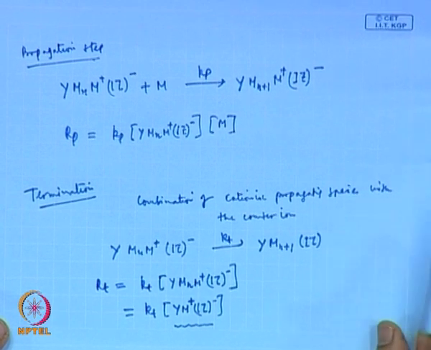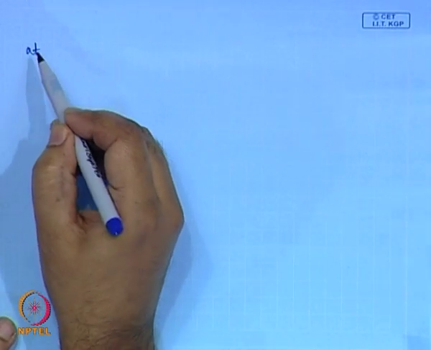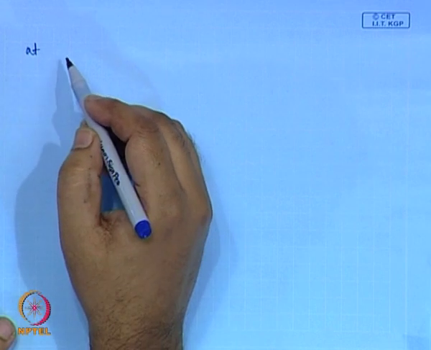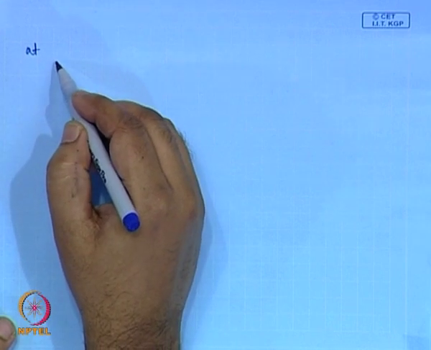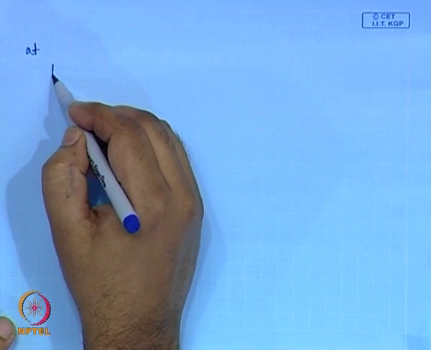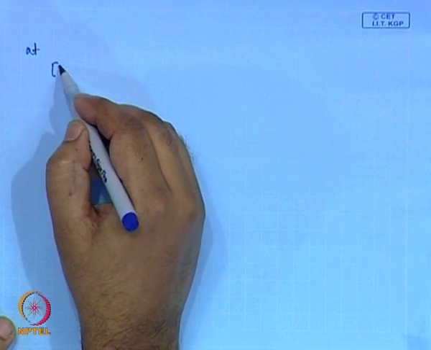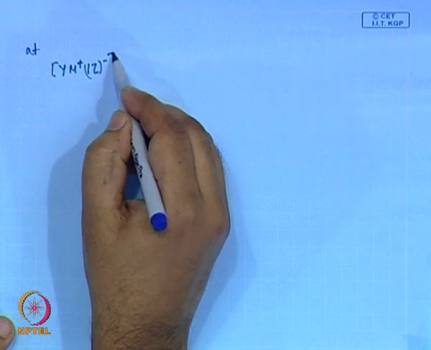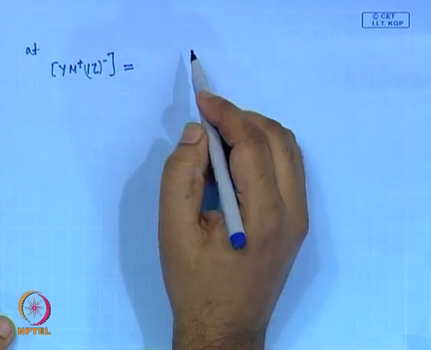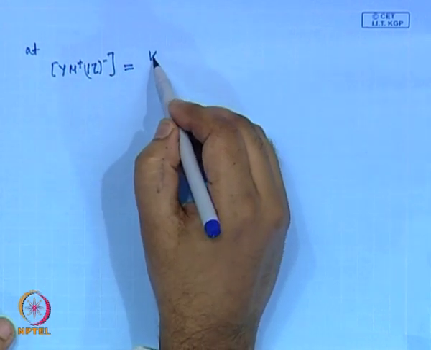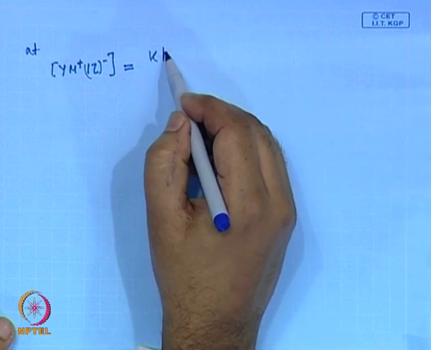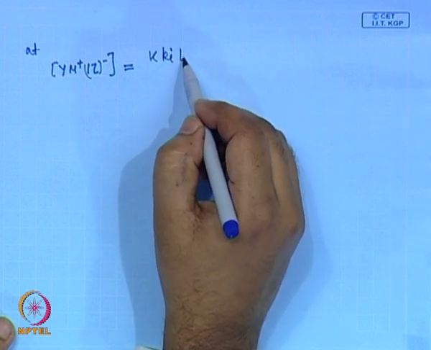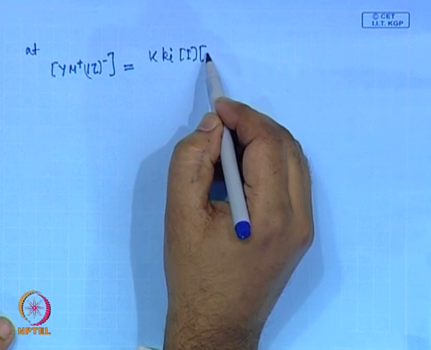Now, at steady state we can equate Ri and Rt to get the concentration of M plus.